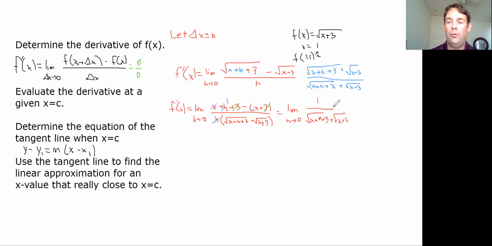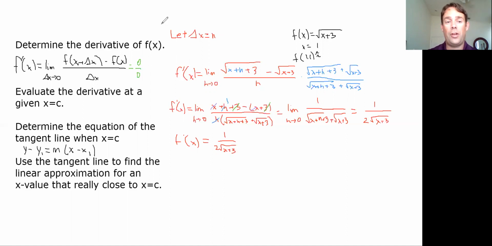And when I plug 0 in for h, I'm left with 1 over 2 root x plus 3. Friends, there's my derivative. So this equation right here will allow me to find the slope at any point on this curve. I'm able to find the instantaneous rate of change at any point on this curve.